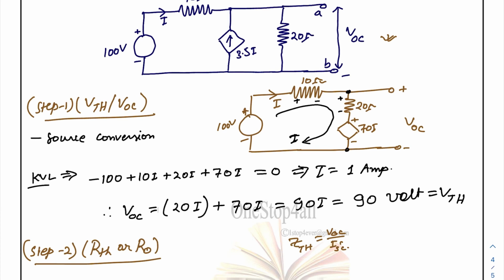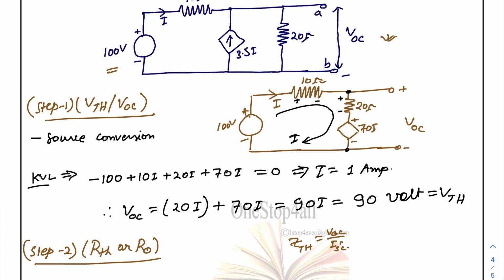Why not follow our conventional method to find out the ZTH, by short circuiting the ideal voltage source, and this dependent current source, we leave as it is.